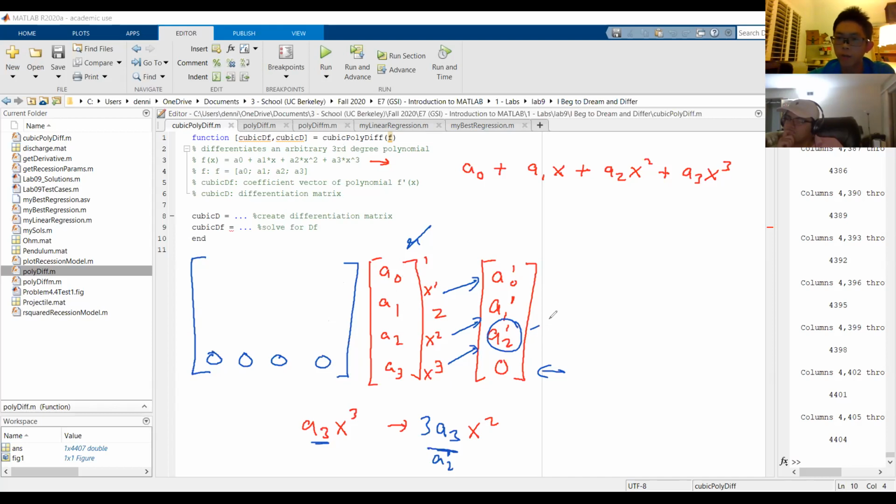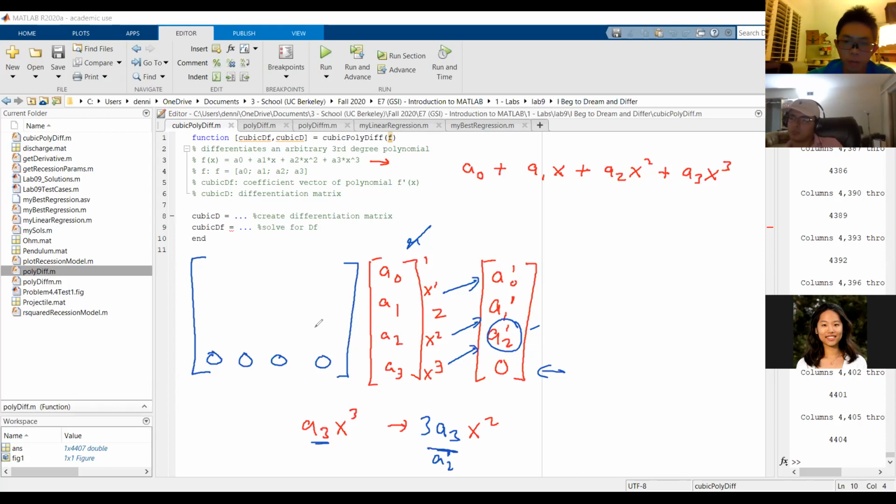This is what I'm trying to bake. How do I make my a2 prime? You just need a3. How many of a3 do I need? 3. So this one's going to be 3.